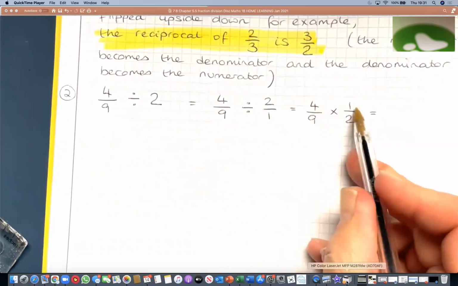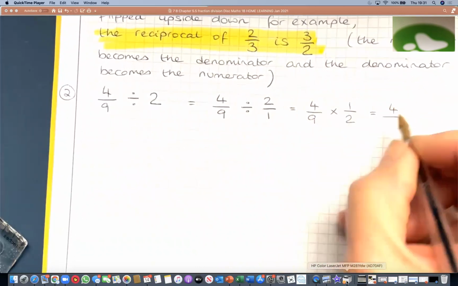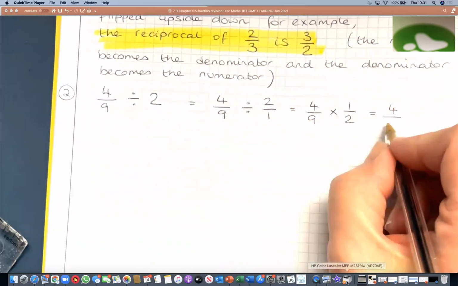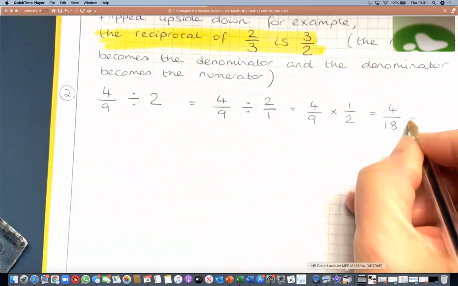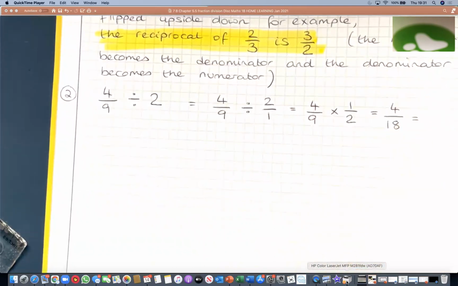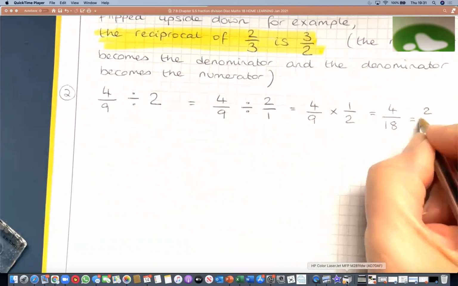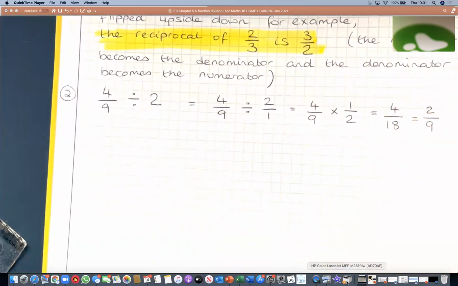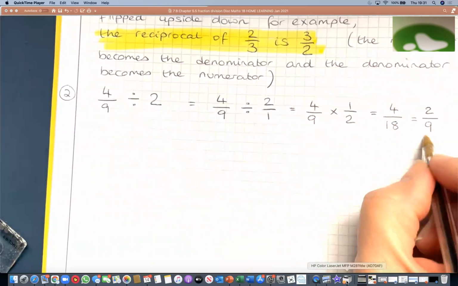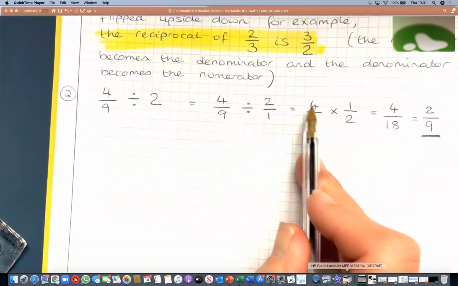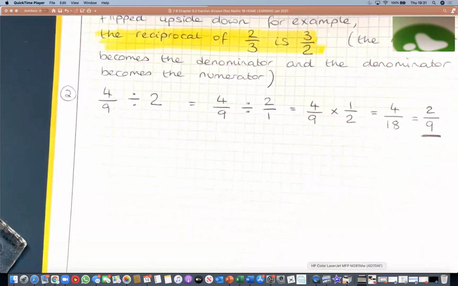I'm going to get 4 multiplied by 1 is 4. 9 multiplied by 2 is 18. And then I can simplify that down using equivalent fractions. I can divide the numerator and the denominator by 2 to give me 2/9. And some of you may have looked at cross-cancelling here as well.